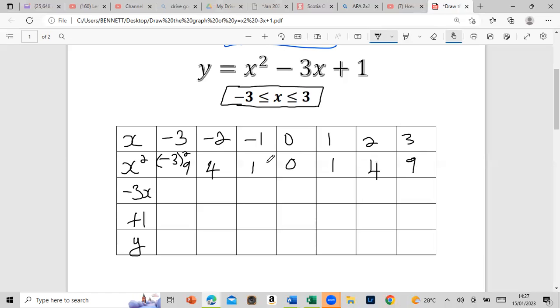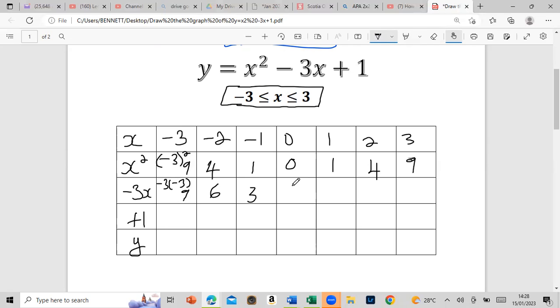Now we do the same thing, but this time it says -3 times x. So we're just following the rule. -3 times -3 is +9. -3 times -2 is +6. A negative times a negative gives a positive.